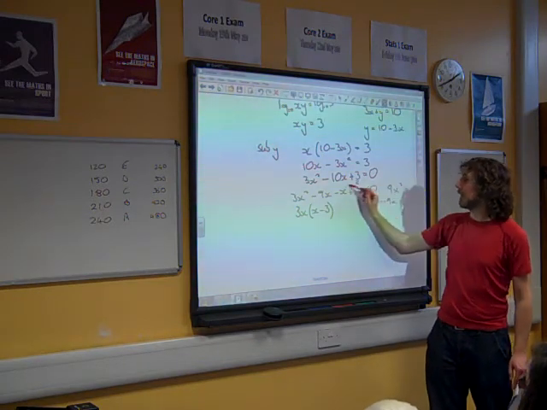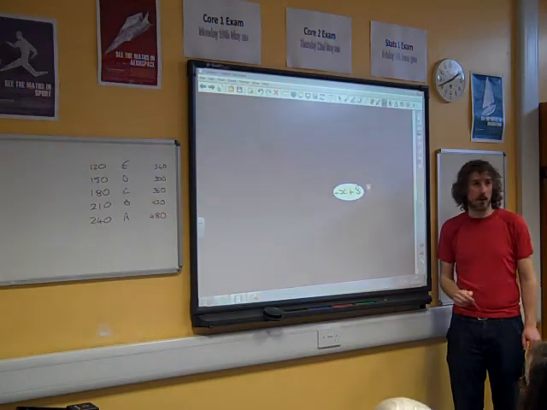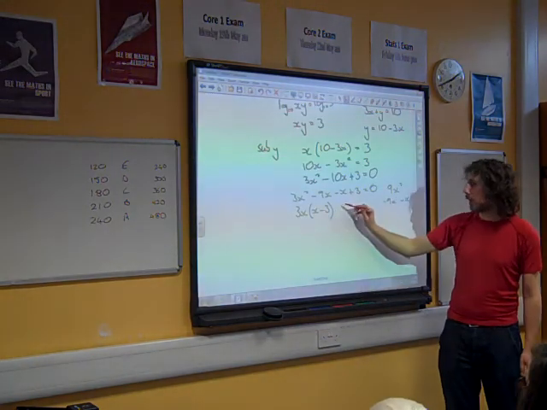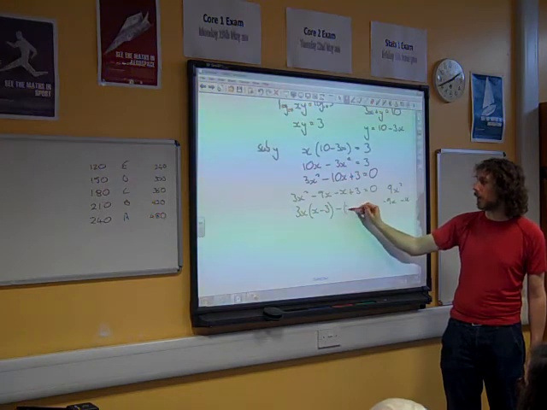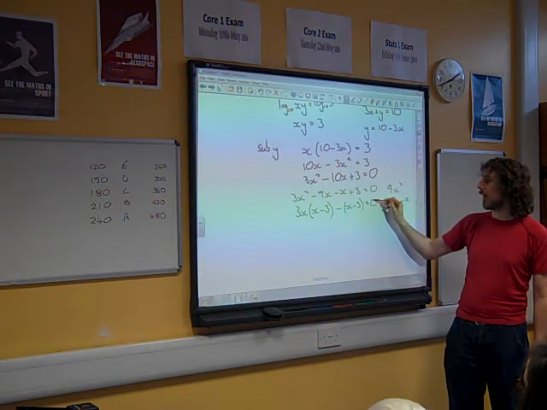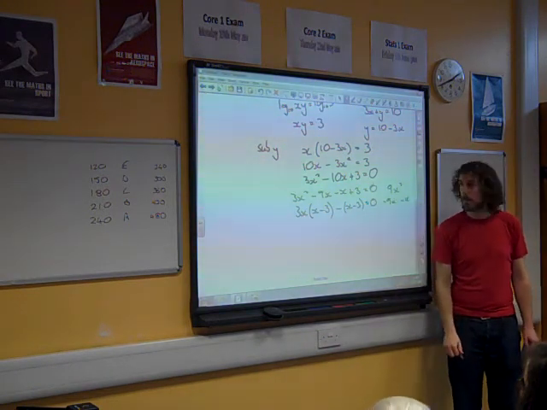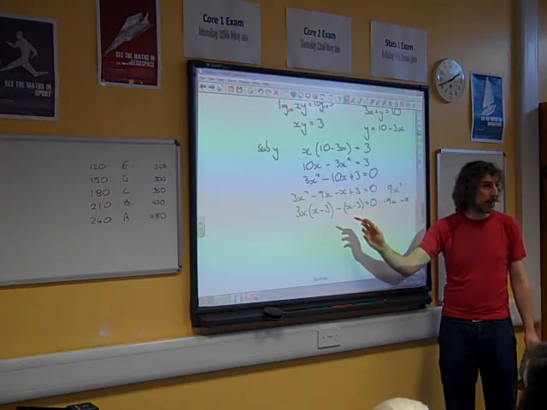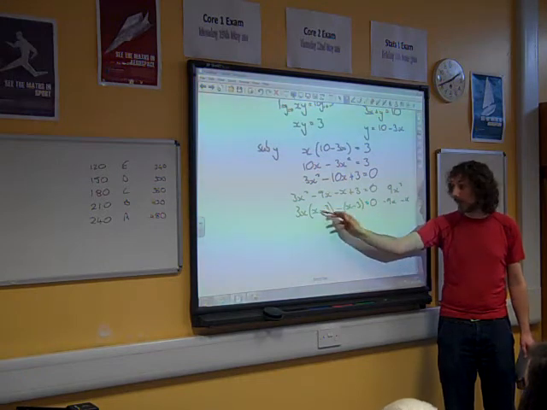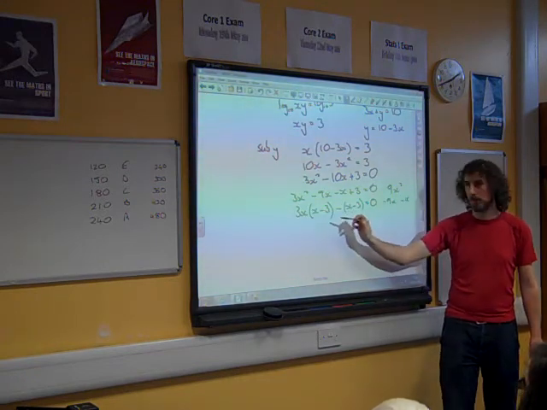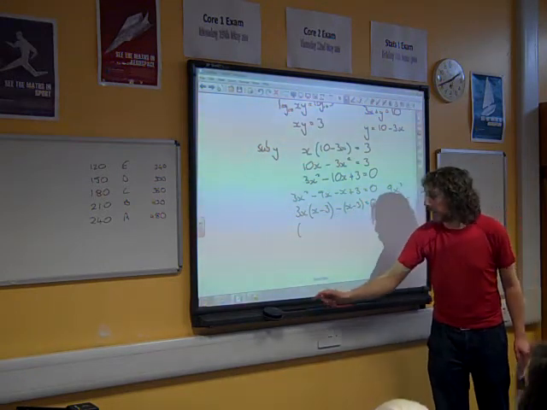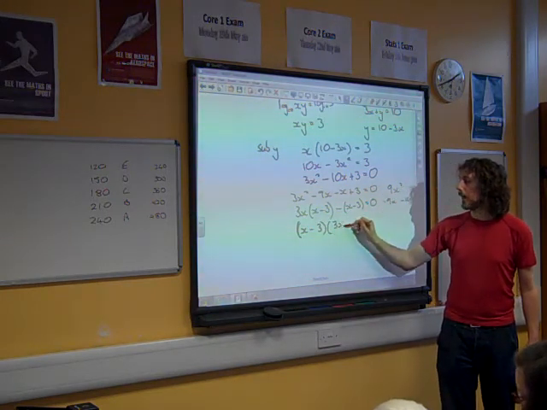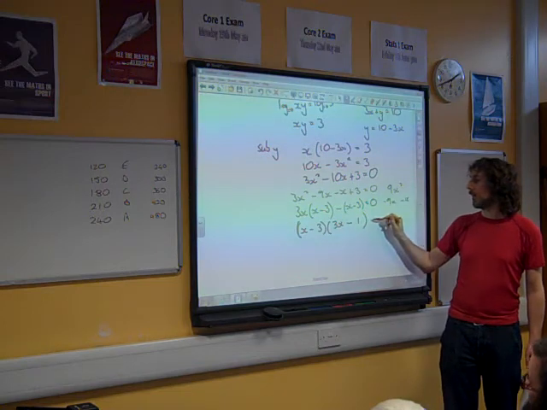And if we focus in on the second two terms, there's not really a common factor there at all, but we could take minus 1 out as the common factor and still have x minus 3. And the great thing that happens there is if you've done this right, these two brackets will always be the same. So we've got x minus 3 times 3x minus 1 as our two factors.